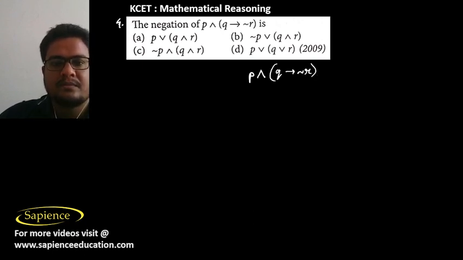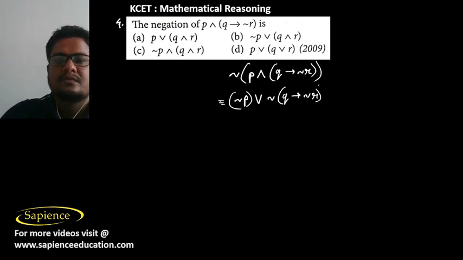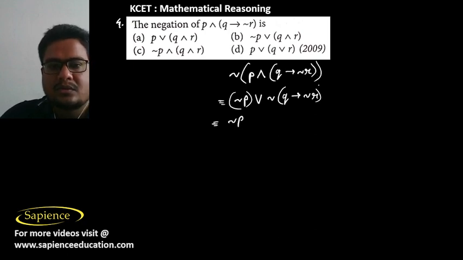Therefore, the negation means we have to find the not of this. Here we can apply De Morgan's law, that is not P or not of if Q then not R. That is equivalent to not P or not of this, which we can write as not Q or not R.